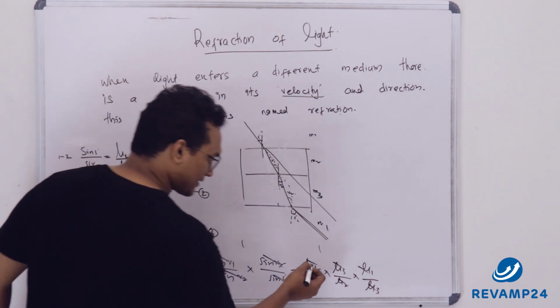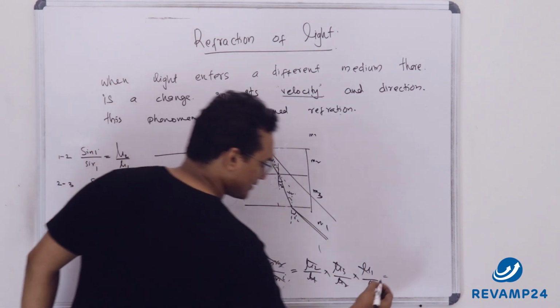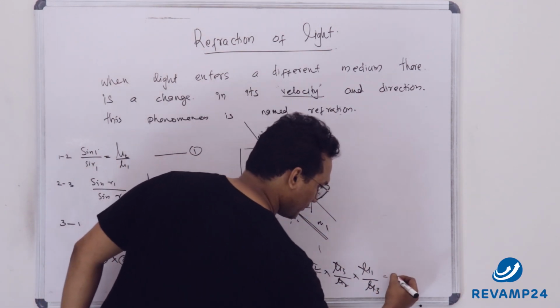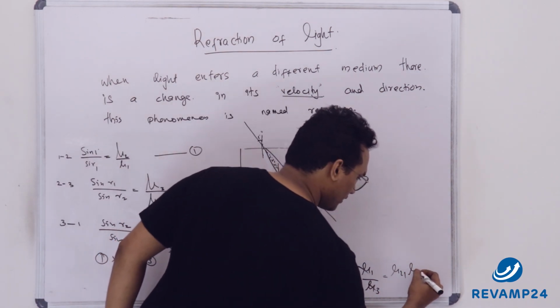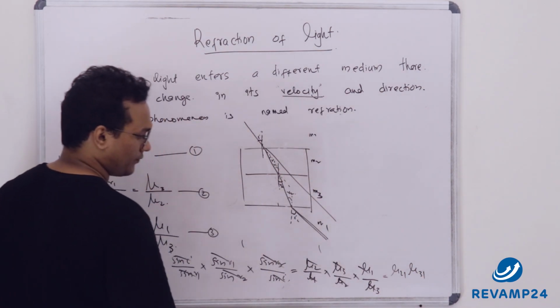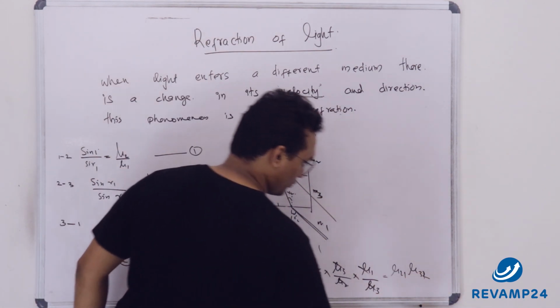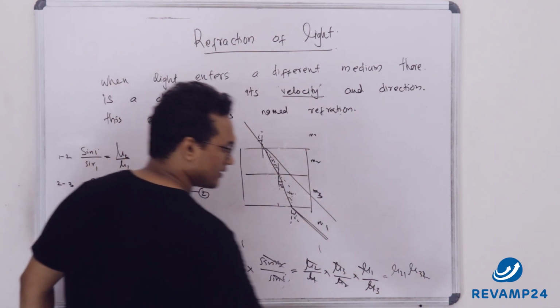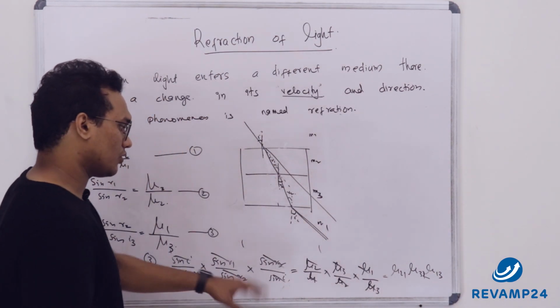Now instead of representing it in this way, what I am going to represent is mu 2 divided by mu 1 as mu21, and mu 3 divided by mu 2 as mu32. Now mu 1 divided by mu 3 is mu13. Okay, so there is no cancellation.